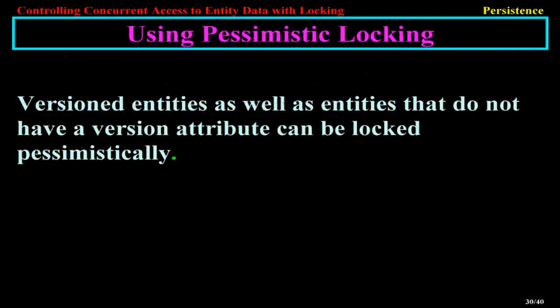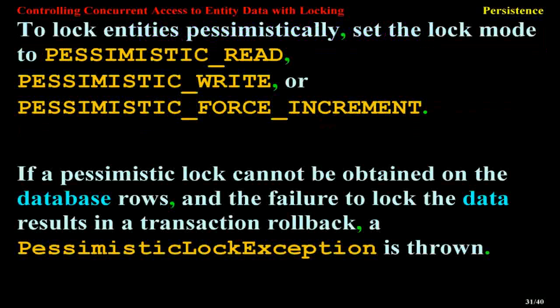Using pessimistic locking. Version entities as well as entities that do not have a version attribute can be locked pessimistically. To lock entities pessimistically, set the lock mode to pessimistic read, pessimistic write, or pessimistic force increment. If a pessimistic lock cannot be obtained on the database rows, and the failure to lock the data results in a transaction rollback, a PessimisticLockException is thrown.